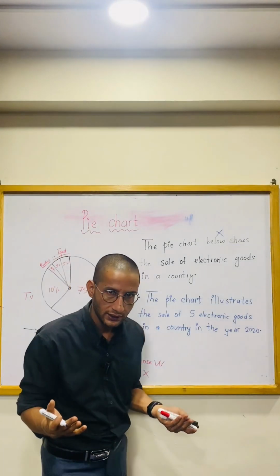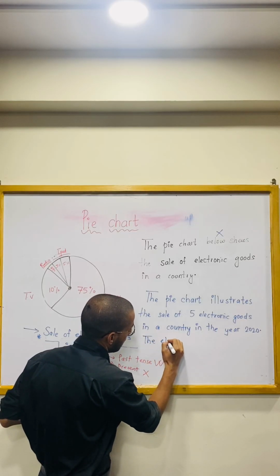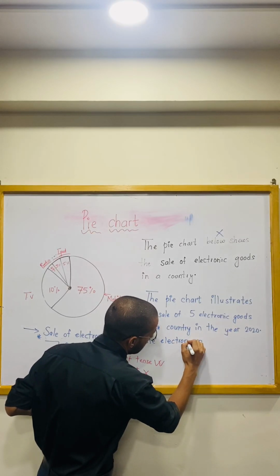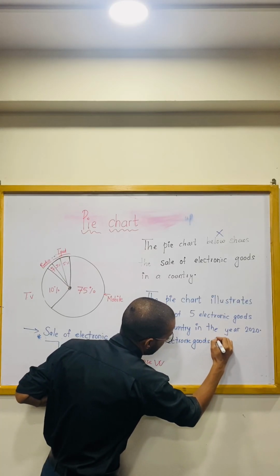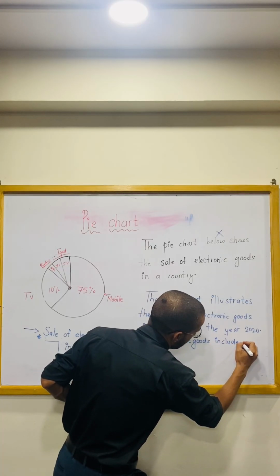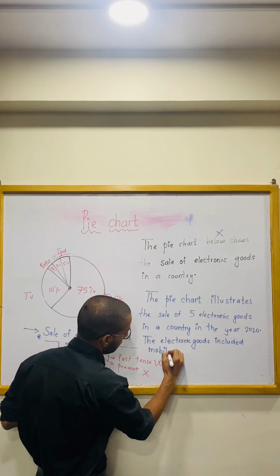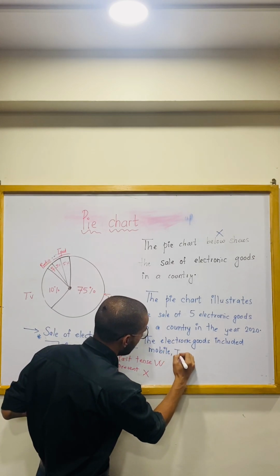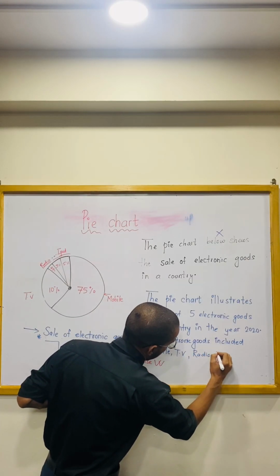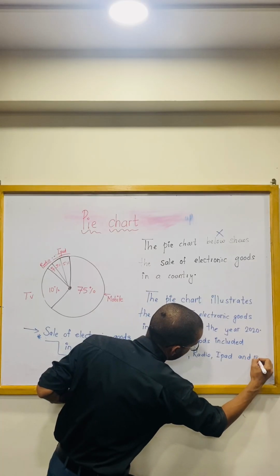But if you want, you can write something like this: the electronic goods included mobile, TV, radio, iPad, and let's say remote.